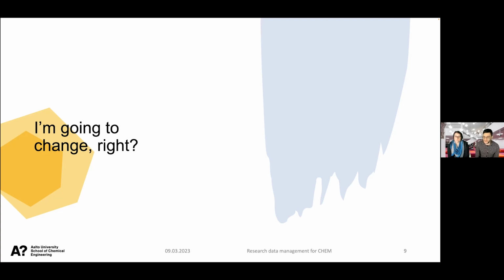So the question I put here is, after knowing which are good practices, immediately we can think that we are going to change, right? But in fact, there may be some problems associated with research data management.